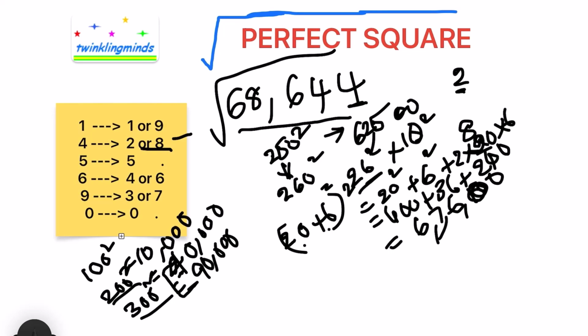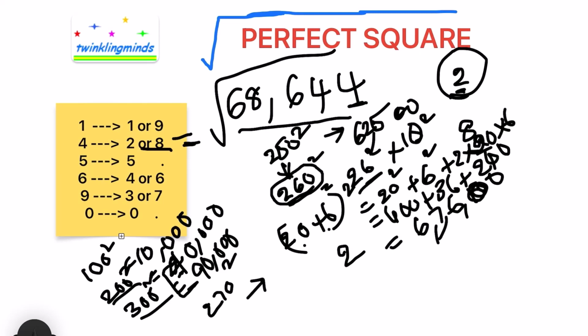That means the value of the square root is closer to 260, that is the lower limit. So between 2 and 8 we take 2. Why we are saying that is, okay, next number is 270 square. What is the value of 270 square? If you do it in the same way, 27 square into 10 square, it will be 72,900, which I already did. So I'm writing it here, 72,900.